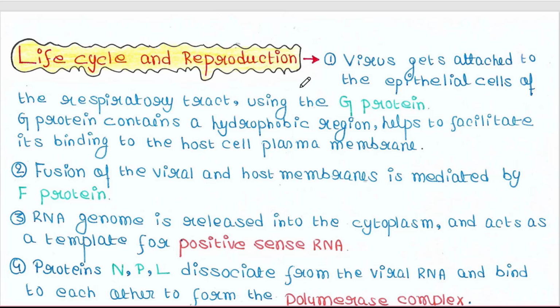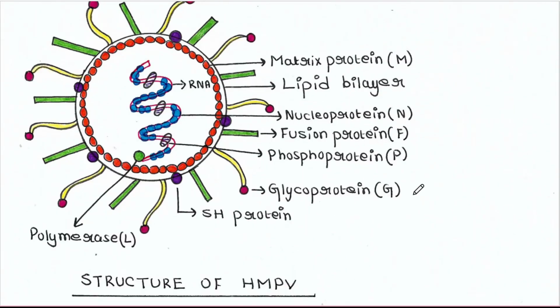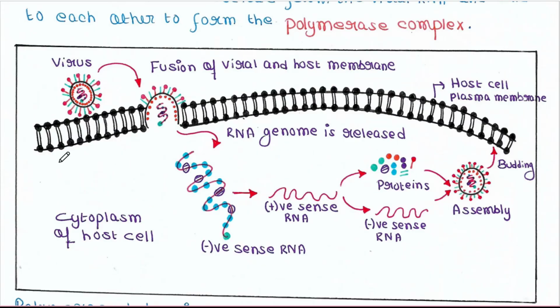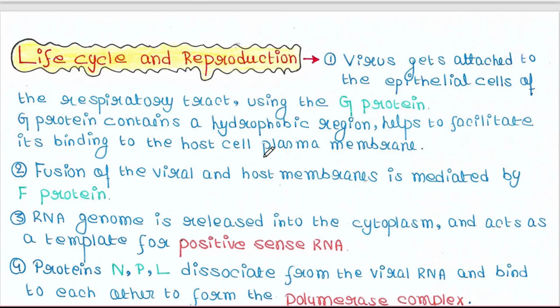Okay, you can see this image. Let's say this is the epithelial cell. Here is the plasma membrane of the cell. Here is the virus. So the virus gets attached to this plasma membrane with G proteins.